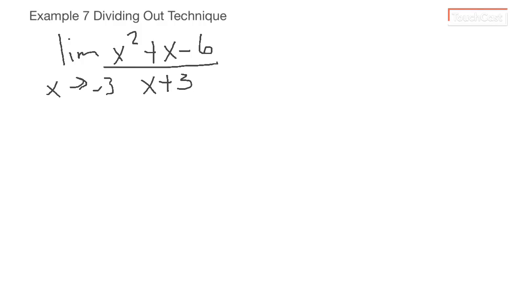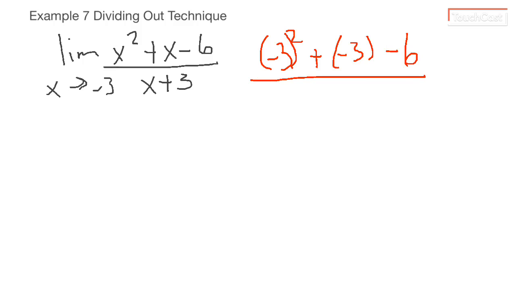So first, let's try using direct substitution. Let's put negative 3 into the numerator and then into the denominator, and we'll see if we can actually use it. So we're going to do negative 3 squared plus negative 3 minus 6 all over negative 3 plus 3.